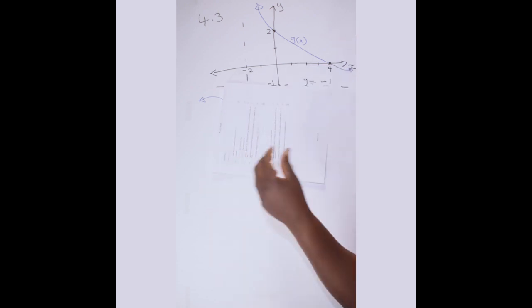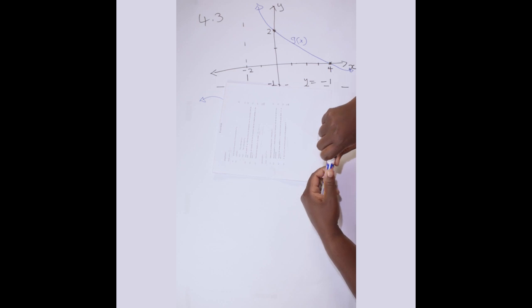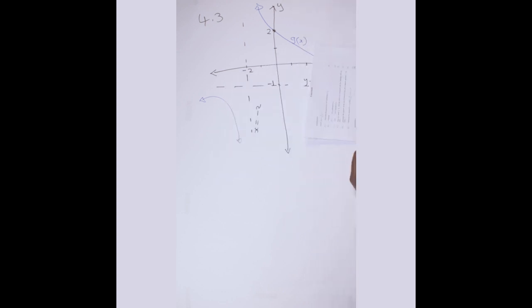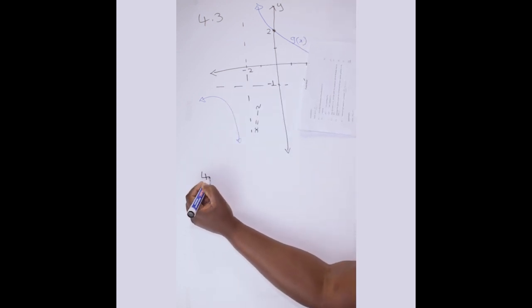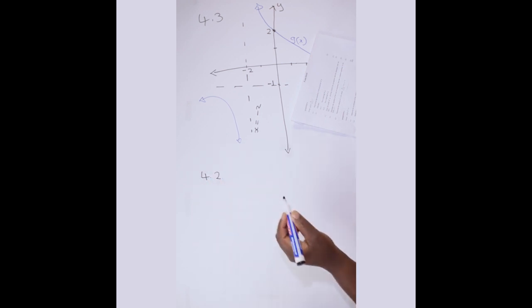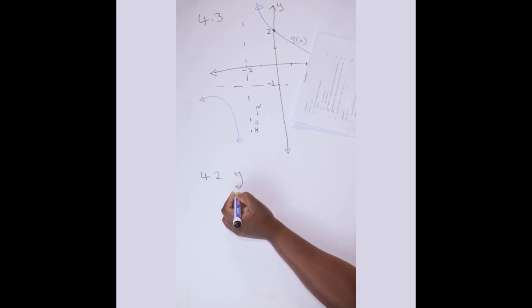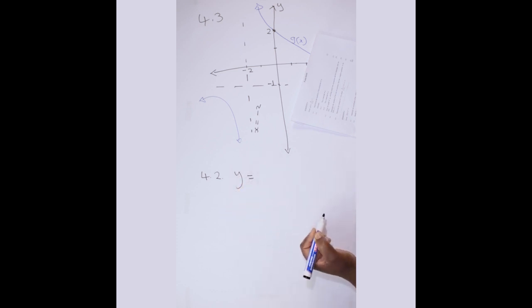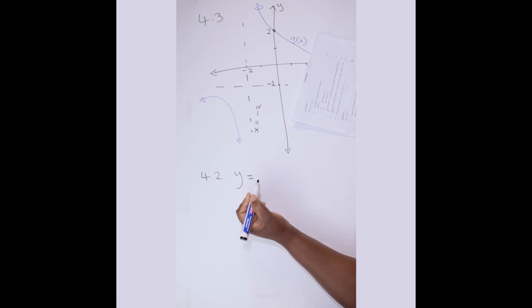In 4.4, the question says: determine the equation of the line of symmetry that has a negative gradient, in the form y equals something. Remember, folks, when you are finding the equation of the line of symmetry, we use equations of y equals either plus or minus the denominator of our hyperbola, plus or minus our value of q.